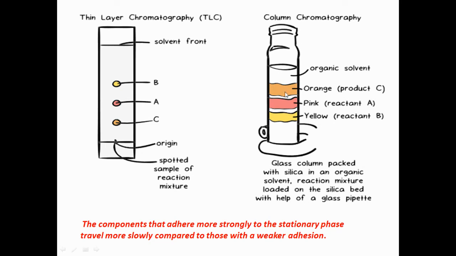The yellow band is moving toward the bottom from the origin, and it is moving faster. That means it is showing greater affinity towards the mobile phase, which is why it travels fast. We can say that the yellow band will get eluted first.